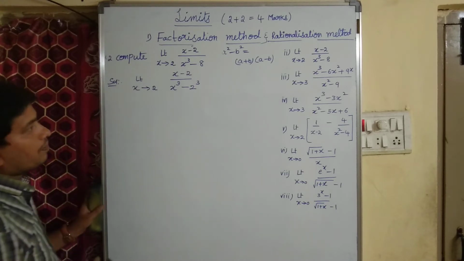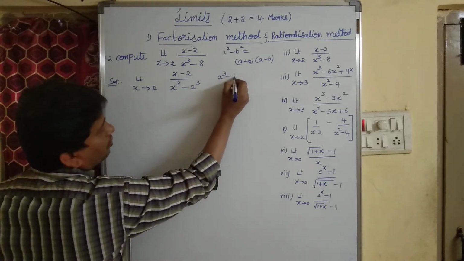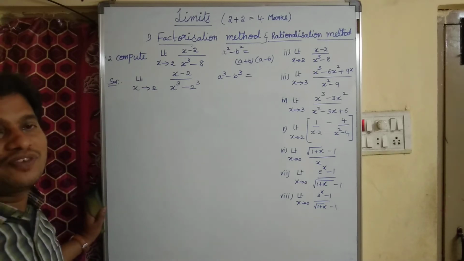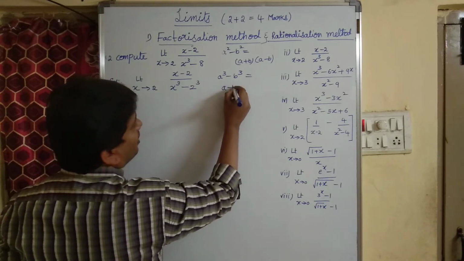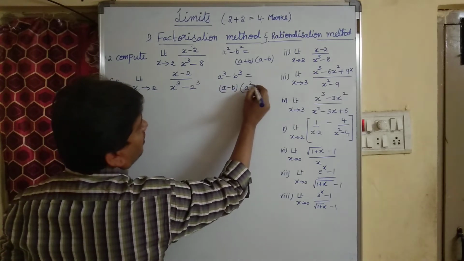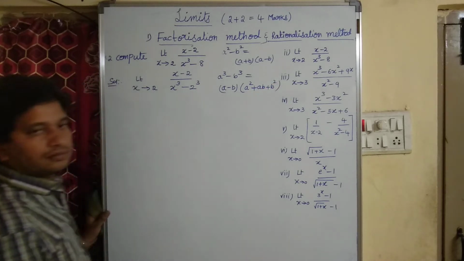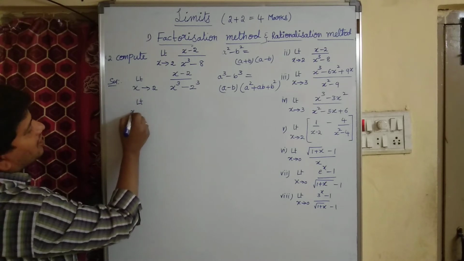Now, if you observe properly, the denominator is in the form of a cube minus b cube. You know what is the formula of a cube minus b cube? The formula for a cube minus b cube is (a minus b) into (a square plus ab plus b square). So here we are factorizing the denominator.